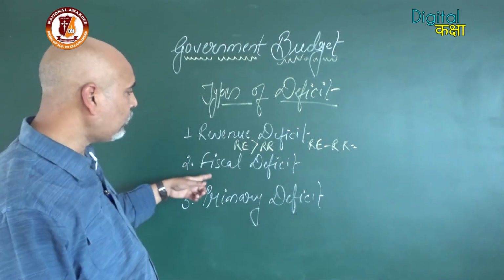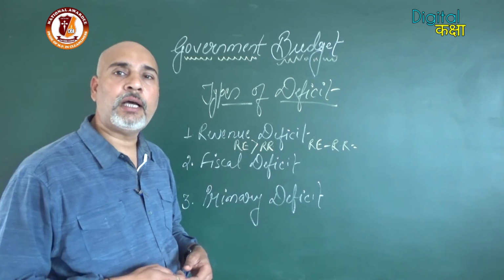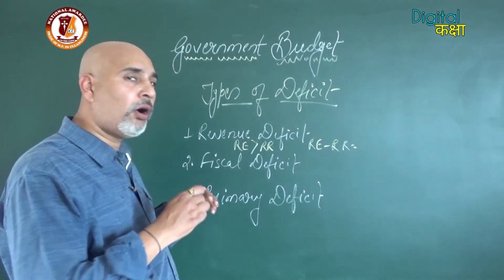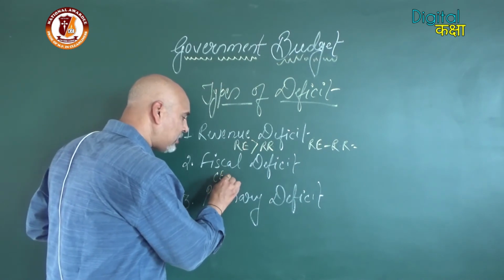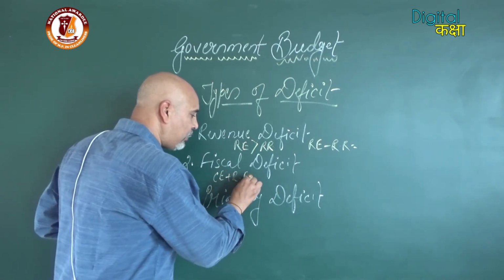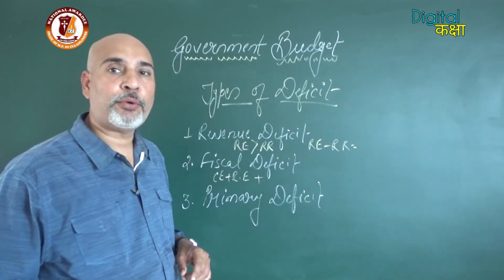Okay. Now fiscal deficit. Fiscal deficit will take all the transactions, that is all the expenditure. All the expenditure means capital expenditure plus revenue expenditure, and total receipt excluding borrowing.